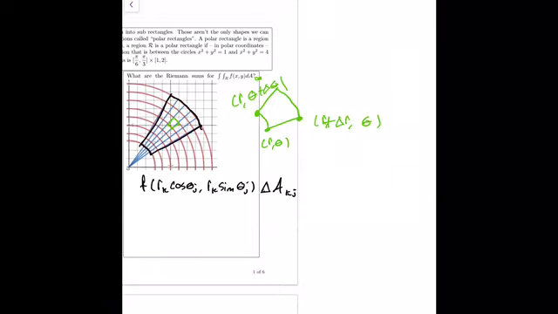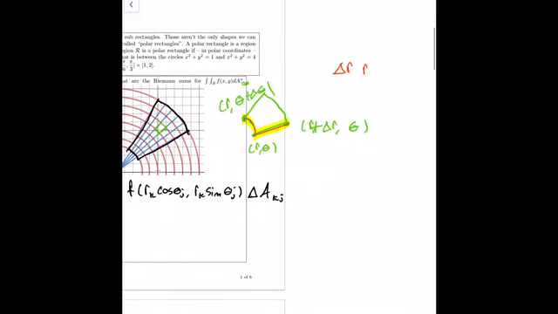But as we get more and more polar rectangles, as we divide this region up into smaller and smaller rectangles, it becomes closer and closer to an actual rectangle. And so we can approximate the area as if it were a rectangle. So it's approximately going to be the product of the length of that times the length of that.